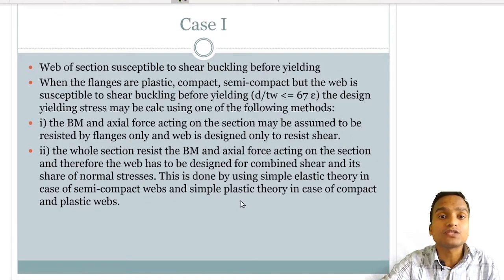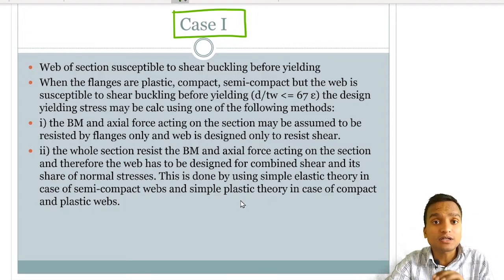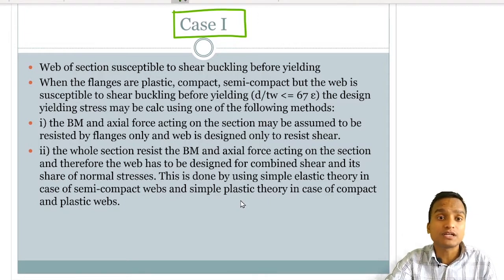Now we are taking case 1, in which the web of the section is susceptible to shear buckling before reaching yielding. So when the flanges are plastic, compact or semi-compact, but the web is undergoing local buckling, that means our depth of the web by thickness of the web, d by tw, is less than or equal to 67 epsilon, and epsilon is mostly equal to 1.